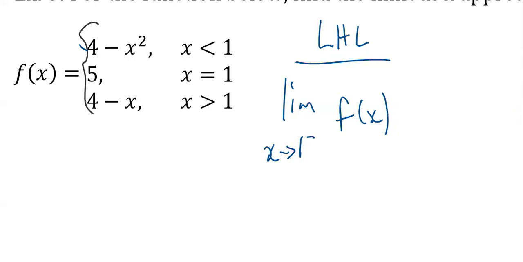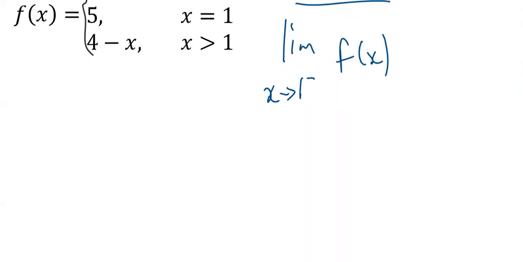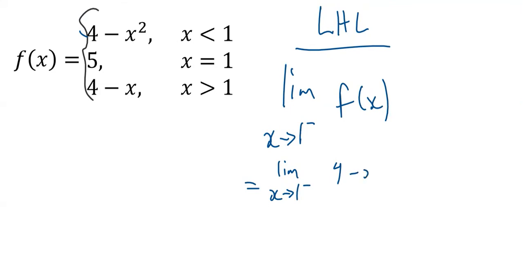The first part, right? Because this is for x less than 1, which is to the left of 1. So it'll look like this as it approaches 1 from the left. So this is equal to the limit as x approaches 1 from the left of 4 minus x squared.